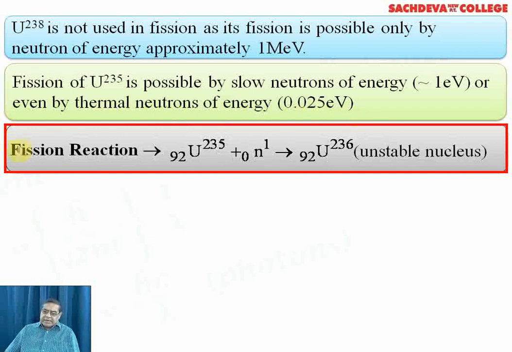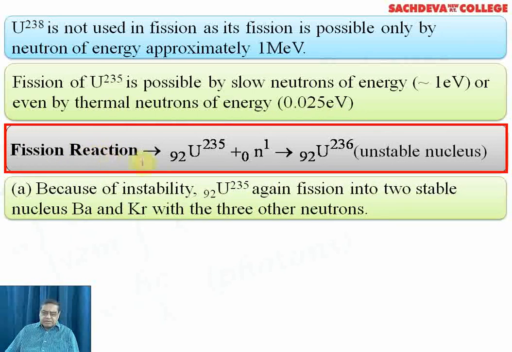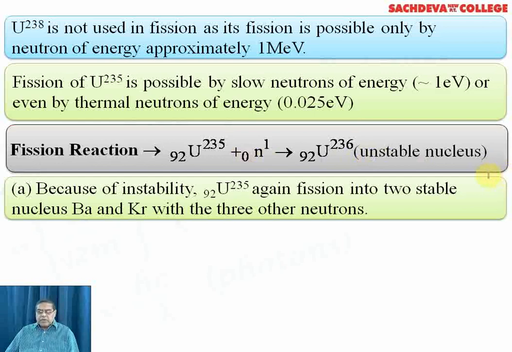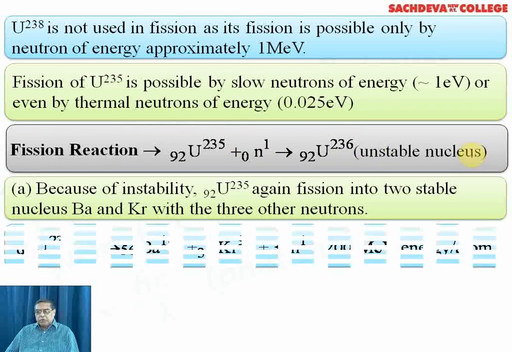Now the fission reaction is indicated in two stages. First of all, 92 uranium-235, which is recovered from 238, is bombarded by a slow neutron and then it transforms into 92 uranium-236, that is unstable uranium, and this uranium-236 transforms into two light nuclei, that is barium and krypton, along with 3 neutrons.